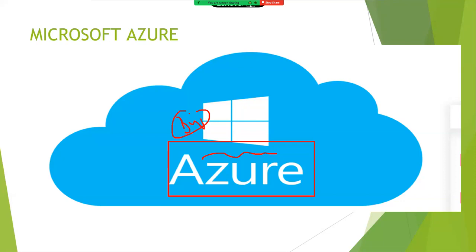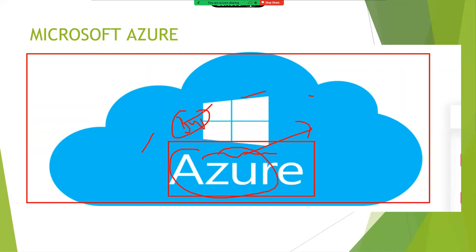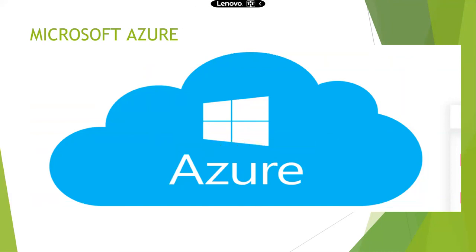Sky is blue, and on top of it we can find clouds. That's why the initial logo of Azure is a blue color cloud. That's why Microsoft chose this word.